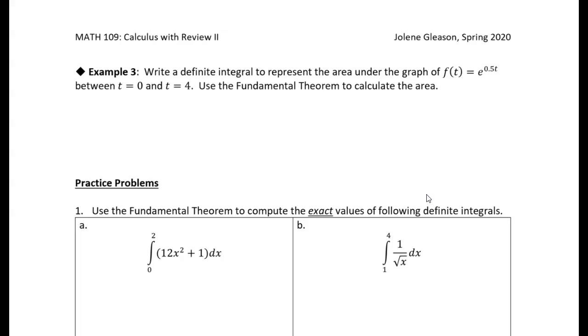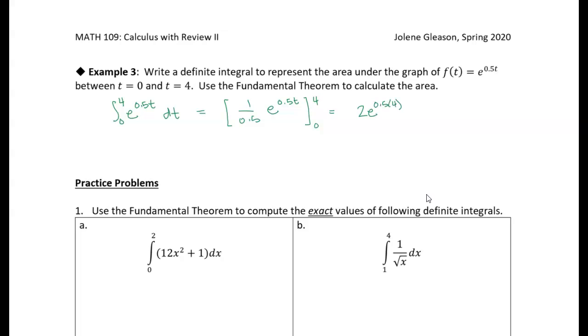To calculate area, we're going to do the definite integral from 0 to 4 of the function, e to the 0.5t dt. We just need to find the antiderivative. So we get 1 over 0.5, and that's 1 over half, which is 2, times e to the 0.5t, and we're going to evaluate that from 0 to 4. We evaluate the upper limit first: 2e to the 0.5 times 4.